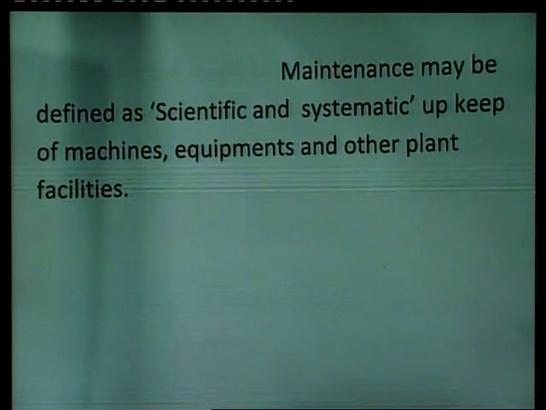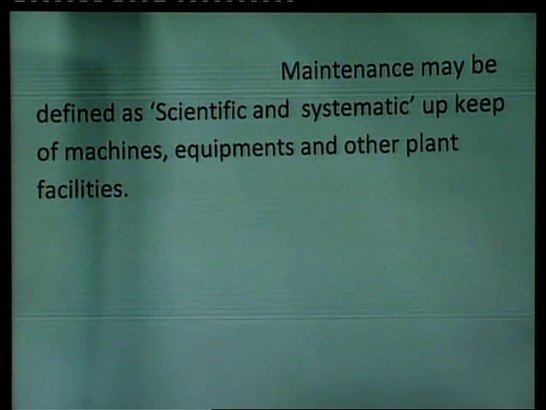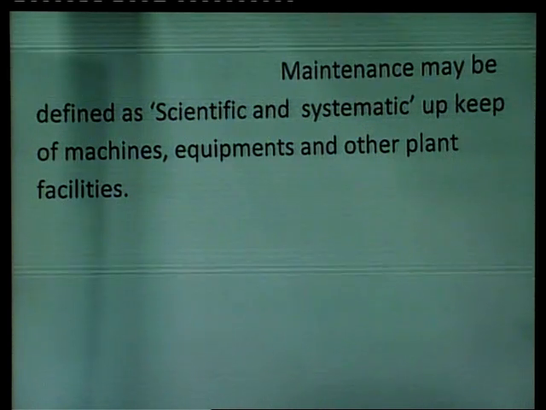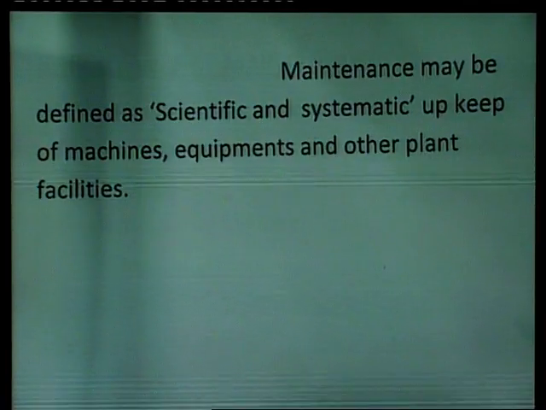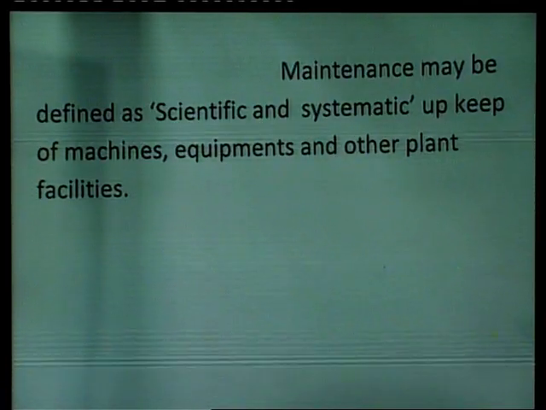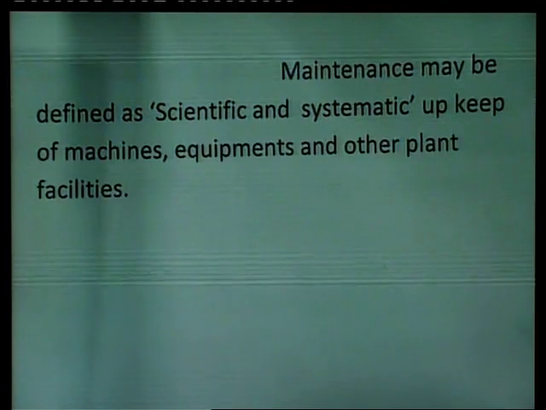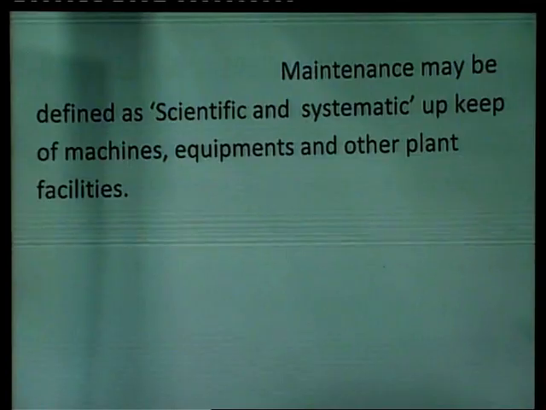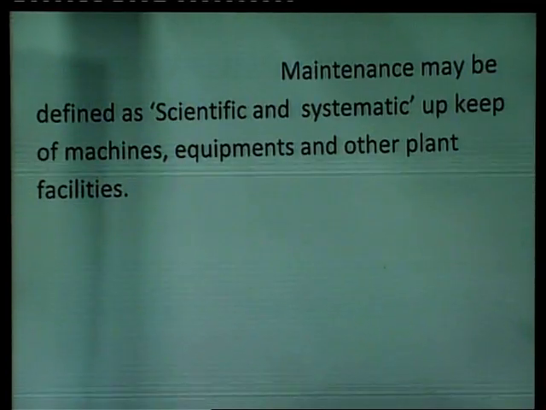Many more important terms related to maintenance are maintenance engineering. Maintenance engineering involves maintenance system, maintenance planning, reliability, availability and maintainability, repair, spare part management, automation in maintenance and maintenance policies.